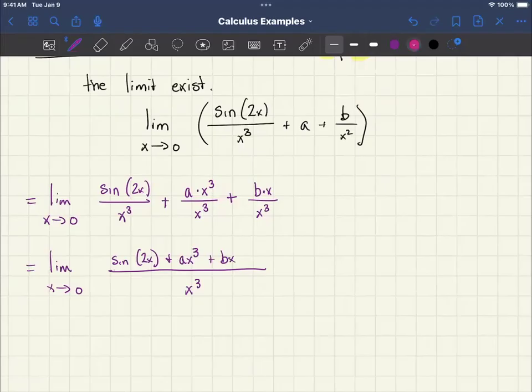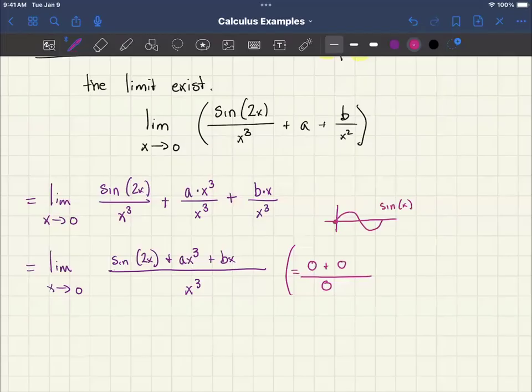All right, now that we have this done, it might be a little bit easier to see what's going on here. If we plug in 0 for x, we get 0 in the denominator. We get sine of 2x, and I'm not a big fan of memorization, but there are a few things that you should memorize for any calculus class, and one of them is what sine of x looks like as a picture, just so that you know when you plug 0 into sine of x, you get 0 as an output.